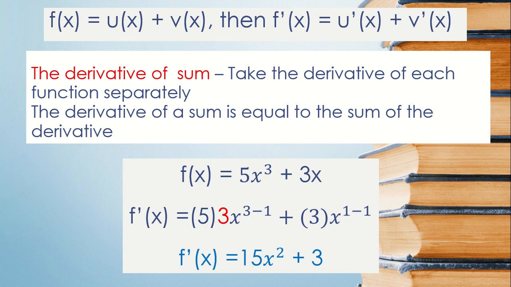Okay? Sige. Example, f of x is equal to 5x raised to 3 plus 3x. Derivative of that, kunin natin yung derivative muna ng 5x cubed. Ano to? This is an example of derivative of a constant times a function. Ano sabi doon?